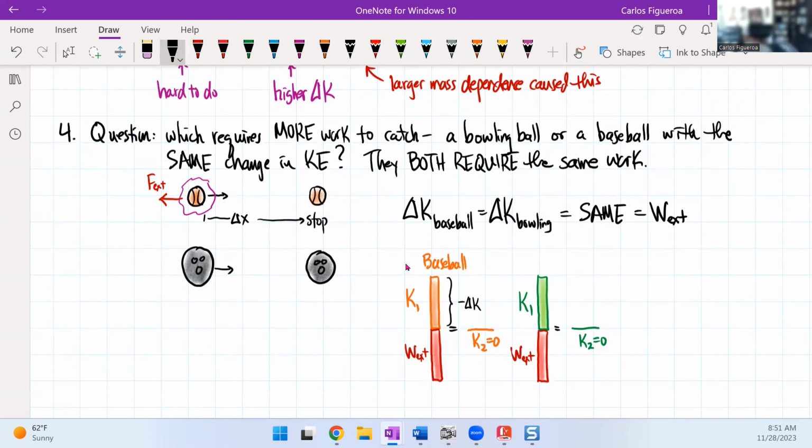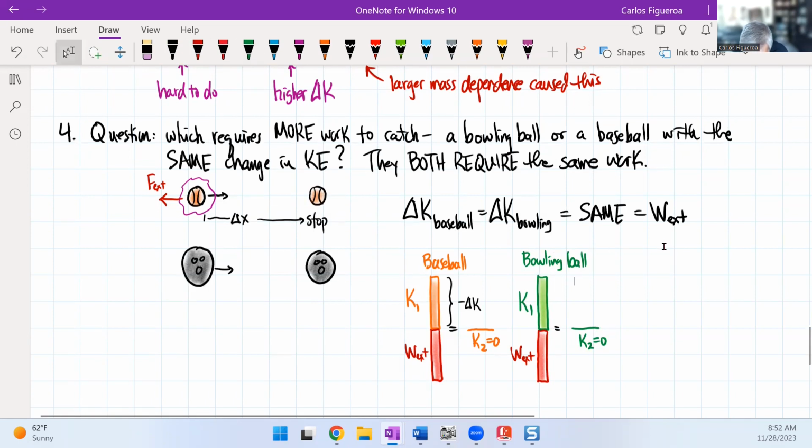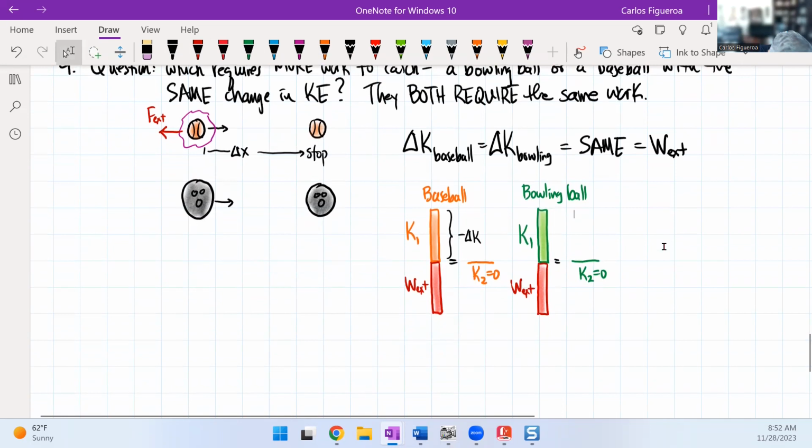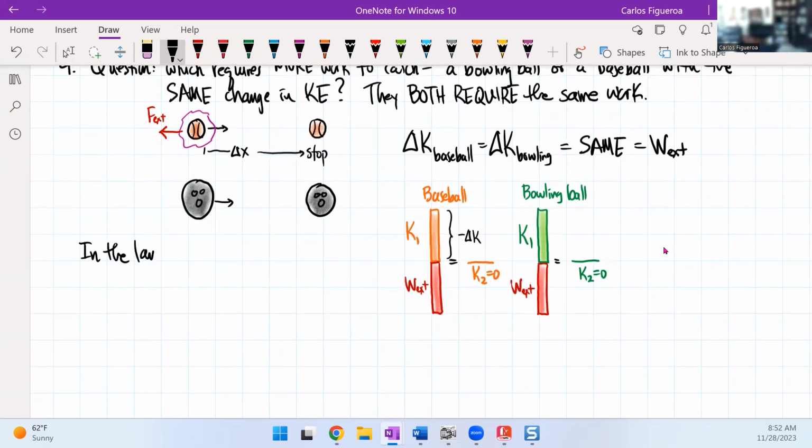So in this case, we would say this was the bowling ball. If I look at this in the language of the work energy theorem, we agree that they require the same amount of work here.